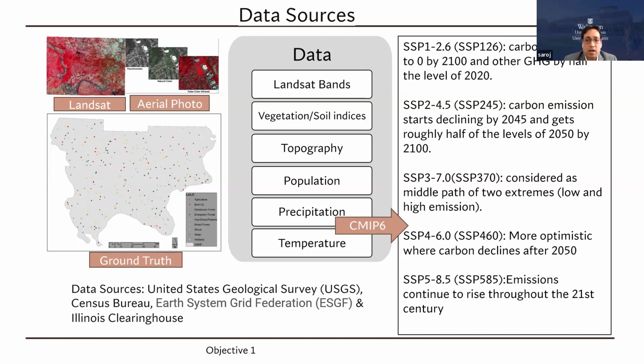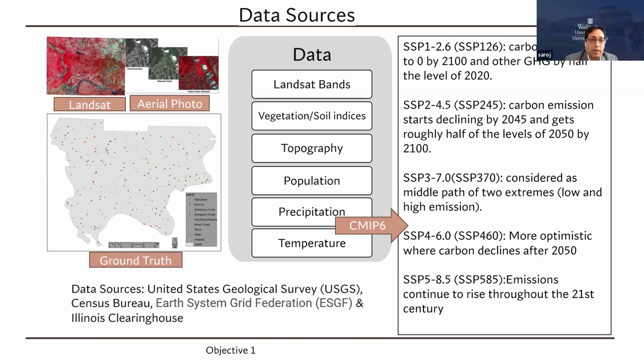SSP3 and SSP4 are more middle-of-the-path scenarios between two extremes, where you have continuous carbon emissions and other greenhouse gases increase or decline at certain points. SSP5 continues to rise throughout the 21st century, so there are no mitigations of climate change. It is also called a business-as-usual scenario, so we don't do anything.